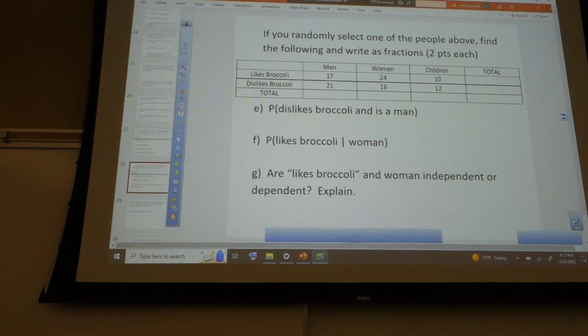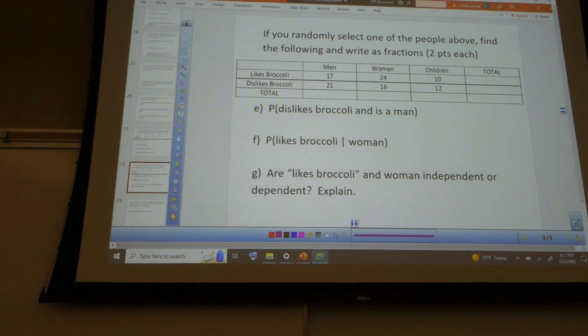the next one is likes broccoli given they're a woman. So that's what this line straight up and down means. It means given they're women. So likes broccoli and they're a woman.